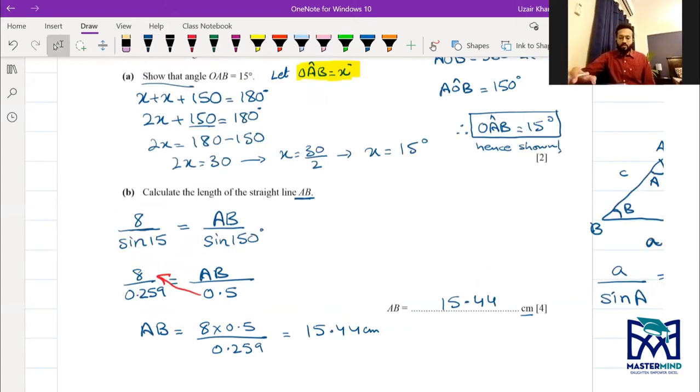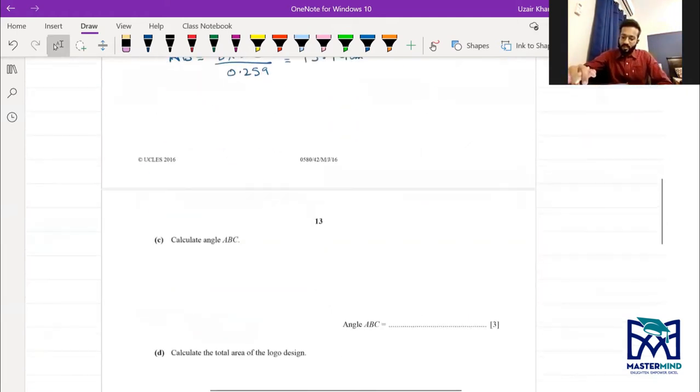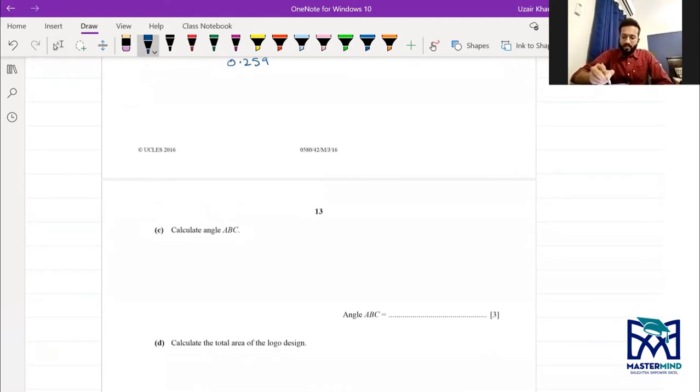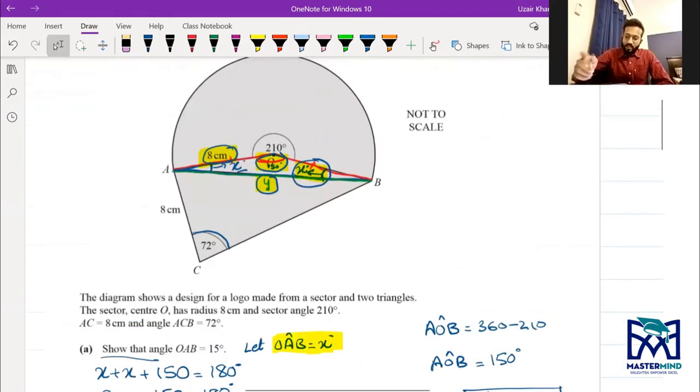Now that part B is done, let's move to part C. Part C is asking for the angle ABC. Let's go back to the diagram and see that angle ABC is actually right here, is what we need to find.